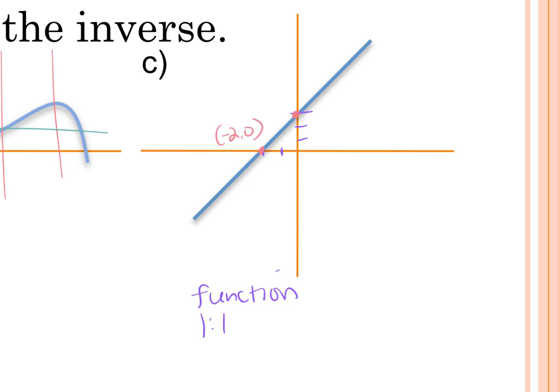And this point would be 0, 3. To find its inverse, we're going to flip it. So it would be 0, -2, and 3, 0. So I'd shift down 2. That's 1 point. 1, 2, 3. That's your other point. And there's my inverse.